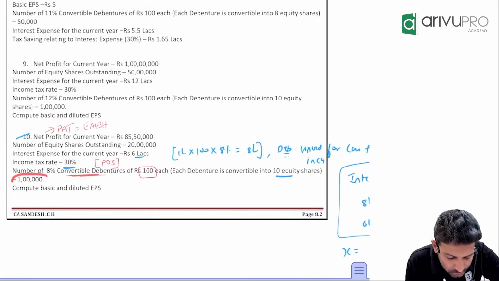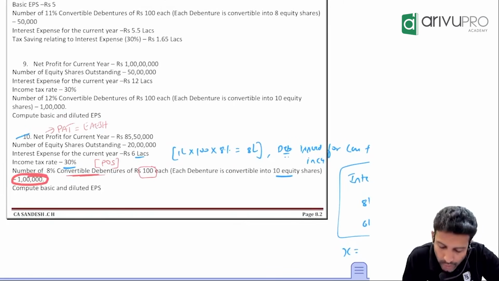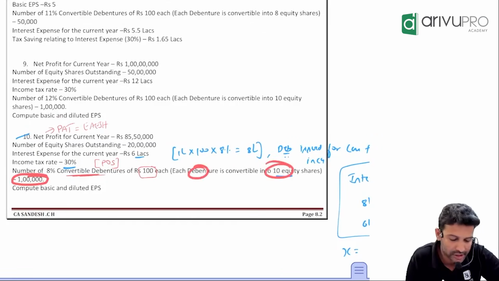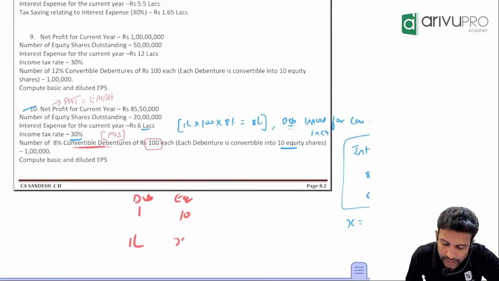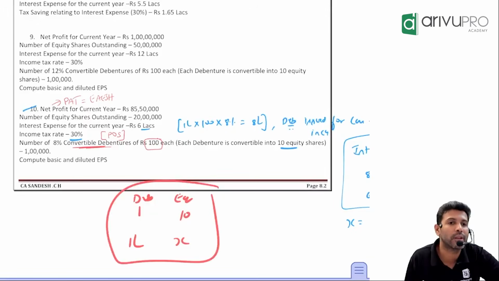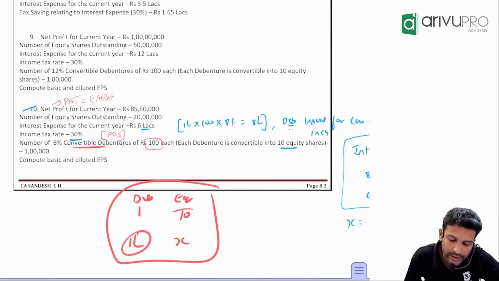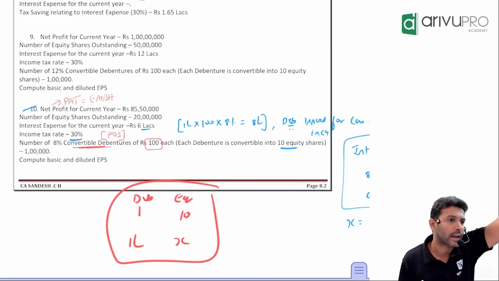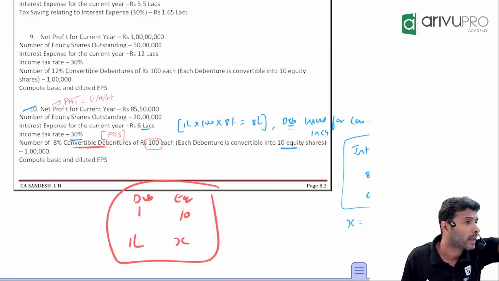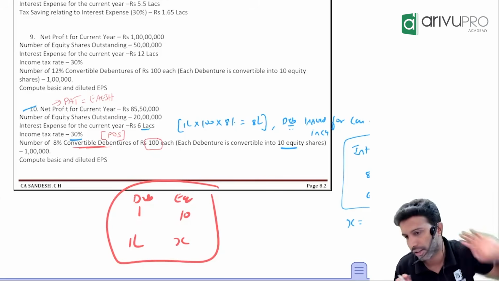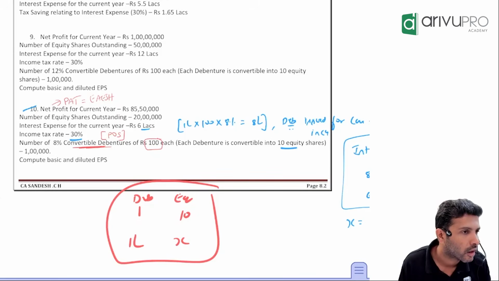How many debentures we have? 1 lakh. And one debenture is getting converted into how many shares? 10. On 1 lakh debentures, how many equity shares will you give? 1 lakh into 10, that is 10 lakh. So if you convert the debentures into equity shares today, you have to give 10 lakh extra equity shares. Agreed? Yes, sir. Correct.